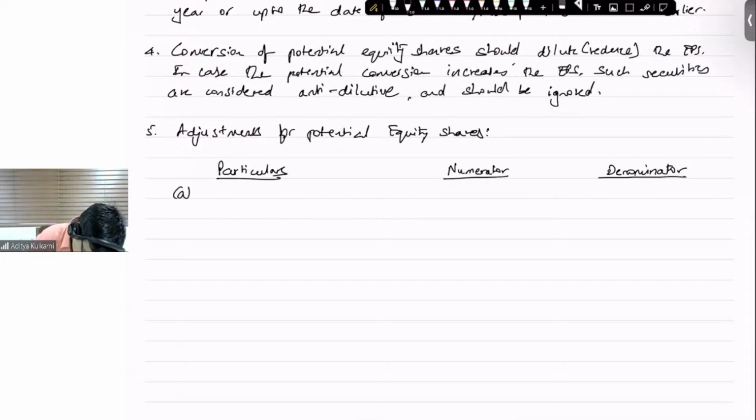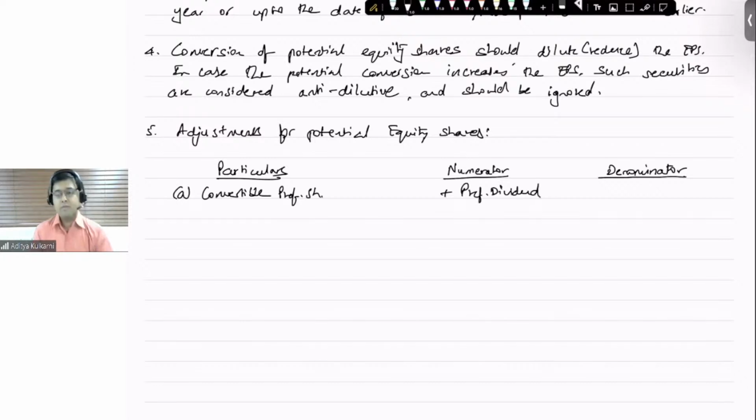So A, convertible preference shares. We will be adding preference dividend. Denominator, add shares issued. Exactly. We show the same basic EPS in solution of diluted EPS. Absolutely right. We have a question. I'll tell you how to show, what to show. Okay. So convertible preference shares.